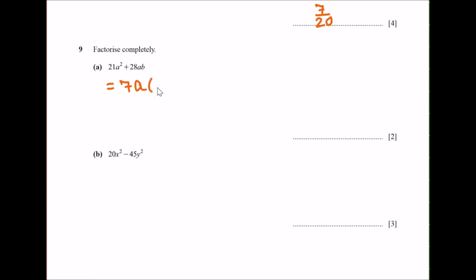Now 7a multiplied by what, or you can say 21a square divided by 7a. I am showing here 21a square divided by 7a. So we will be getting 3a. So we will write here 3a. Now in the same way we will divide 28ab by 7a. 7 fours are 28.